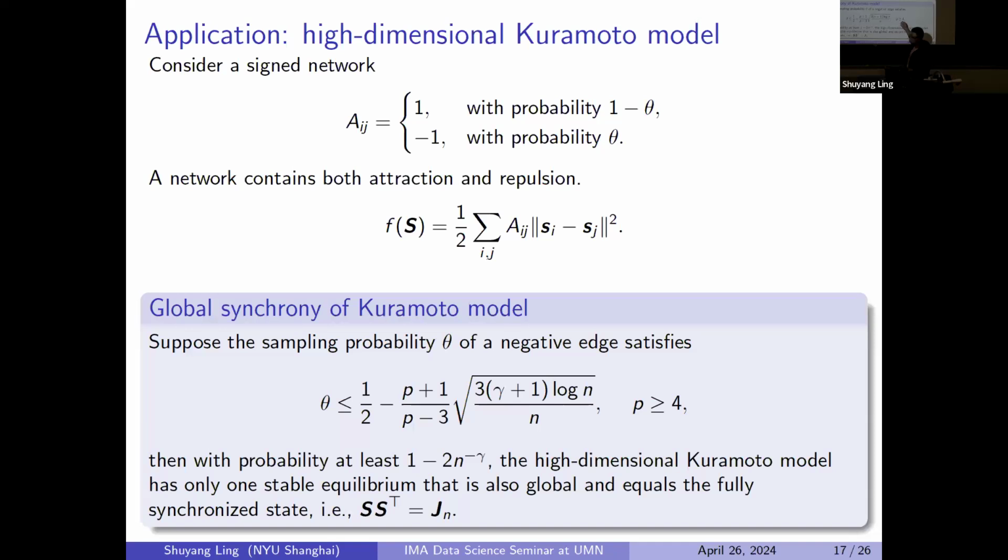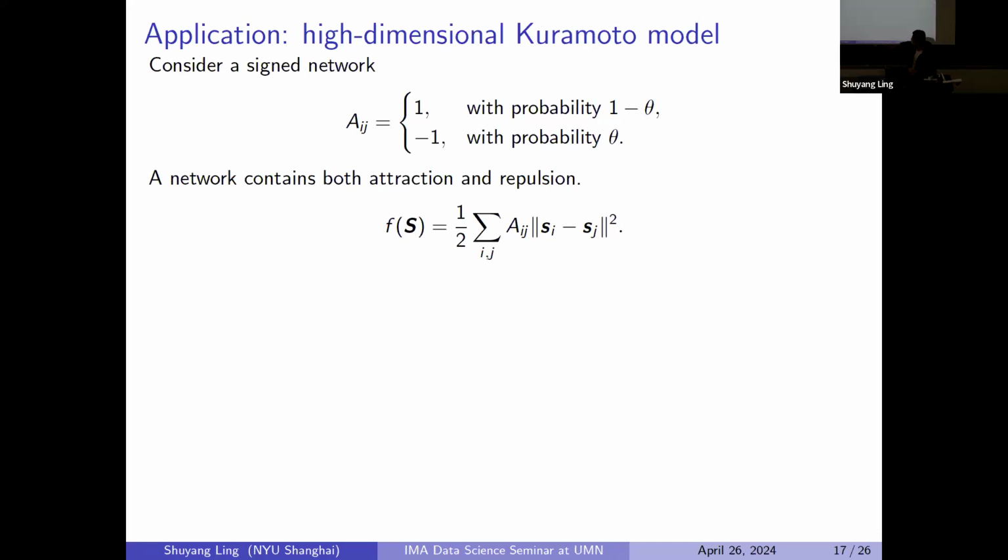So the intuition is that theta needs to be smaller than 1/2, right? Because if more than half of the pairwise particles have disagreement, you don't have consensus. So at least you need theta smaller than 1/2.